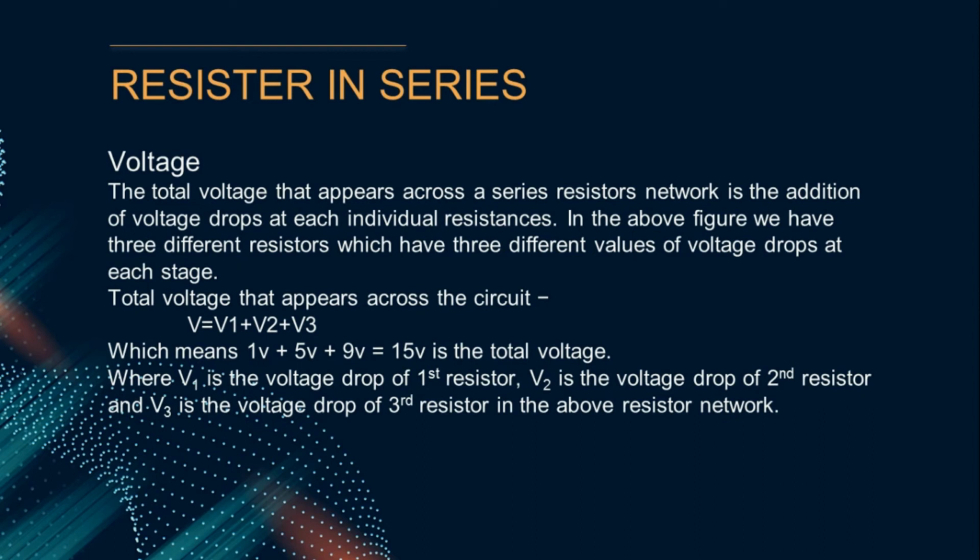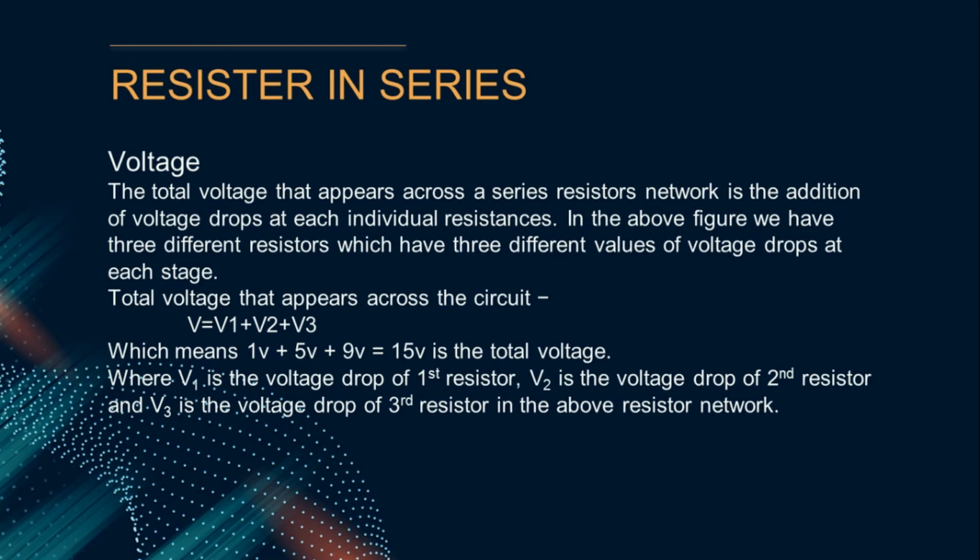Voltage. The total voltage that appears across the series resistor network is the addition of the voltage drop at each individual resistance. In the above figure we have 3 different resistors which have 3 different values of voltage drop at each stage.